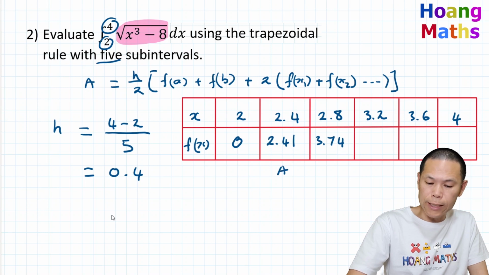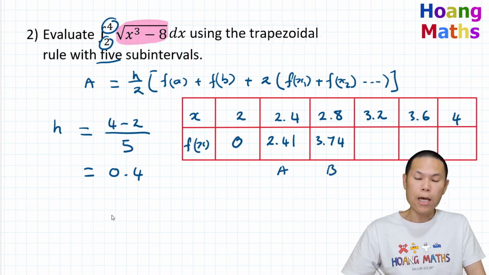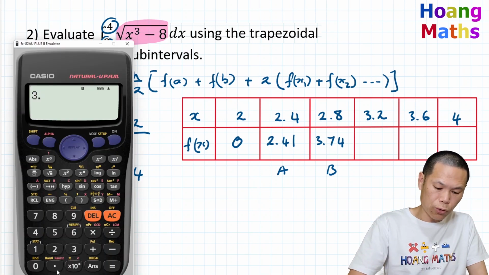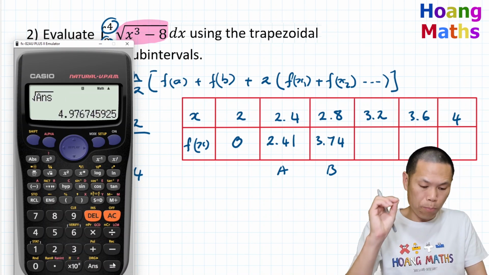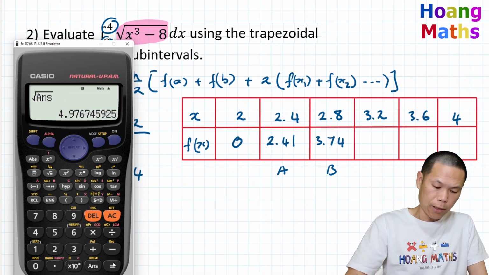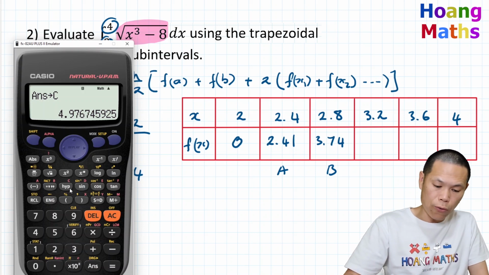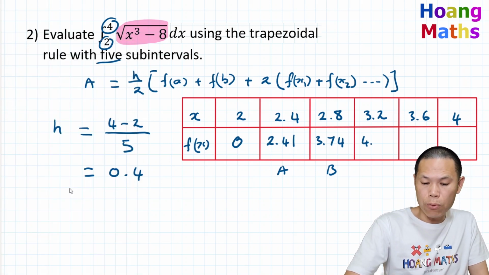Let me write this down: this is A, this is B. And f of 3.2: we go 3.2 to the power 3 minus 8 equals, square root, answer. So 4.98. Answer, shift, store in C first. So now we have 4.98, and let's say C here.